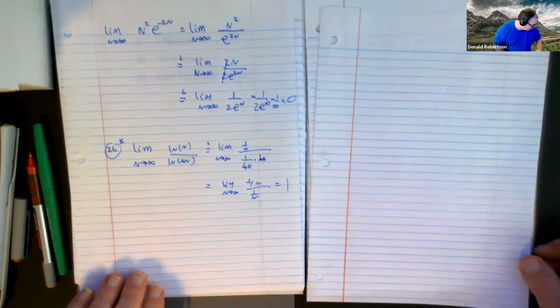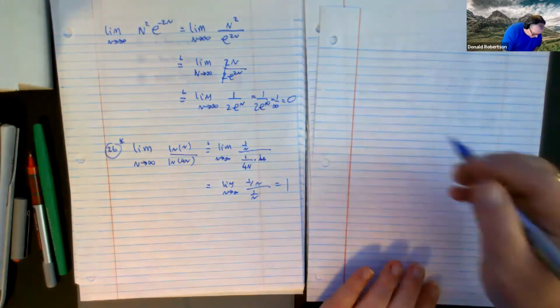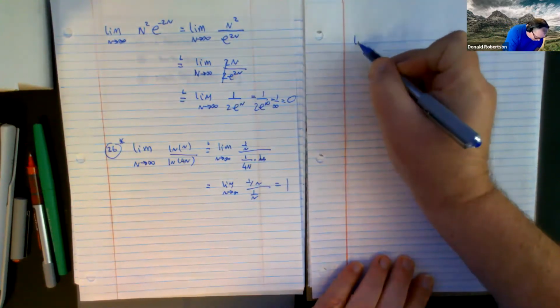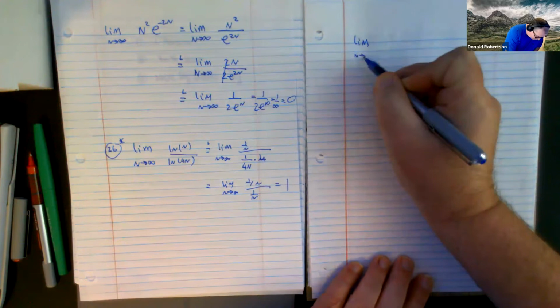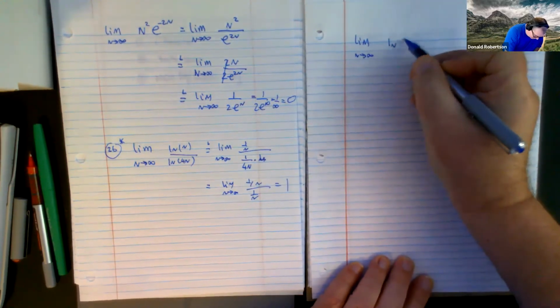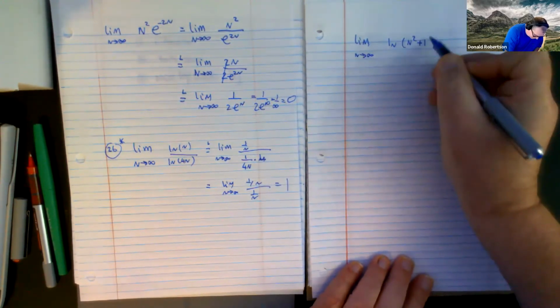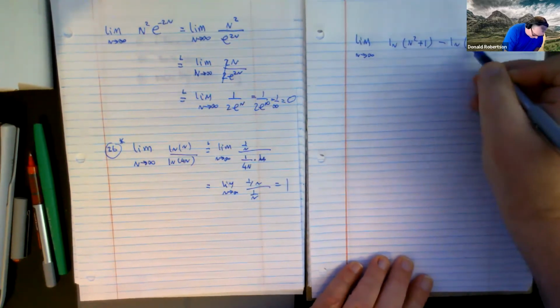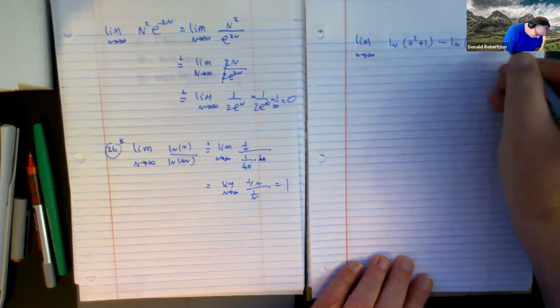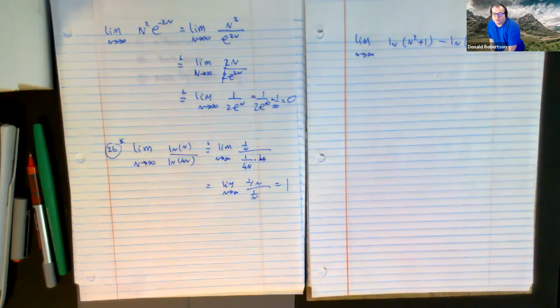Now, since you brought this one up, I think it was Kira that brought this one up. Let's show you one where you could do some manipulation. In fact, you should. Suppose I was asked to find the limit of that sequence.